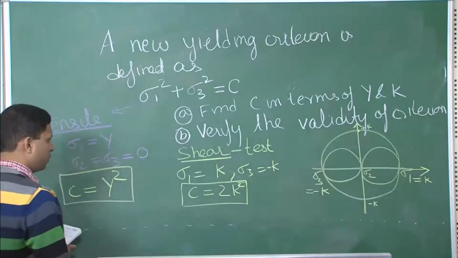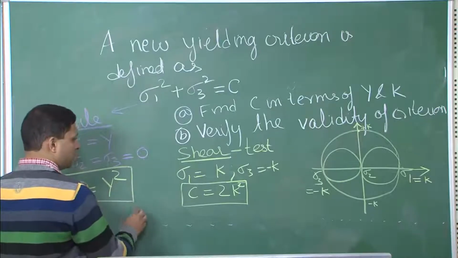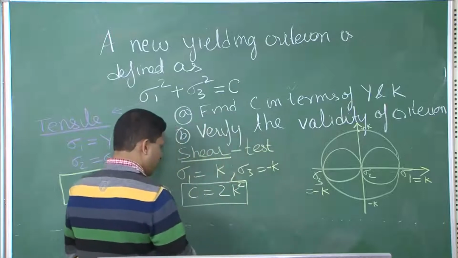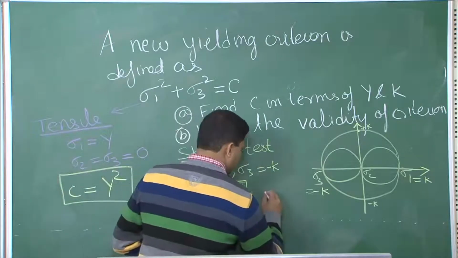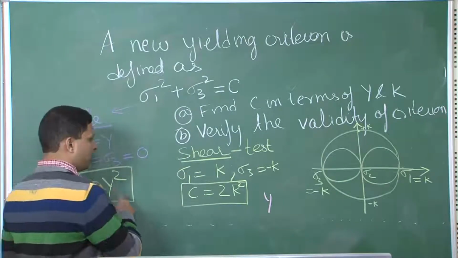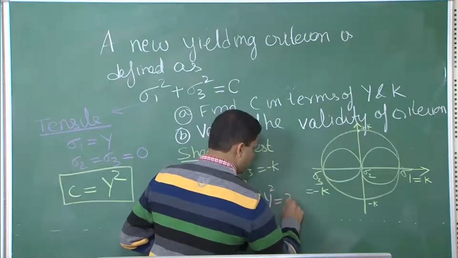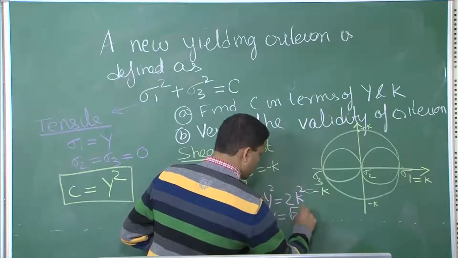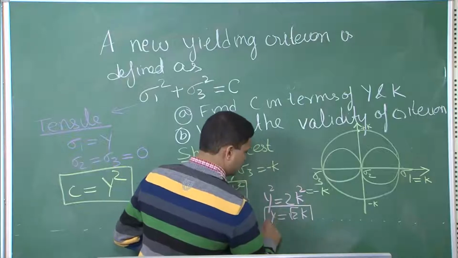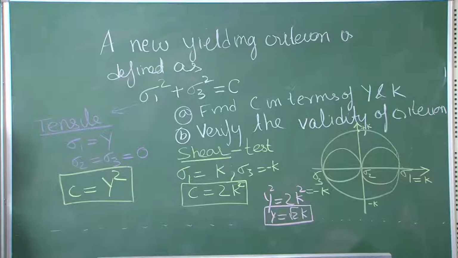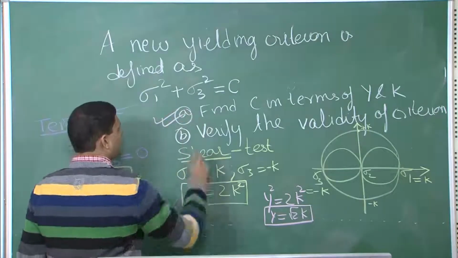If you put them together, you also get a relation between y and K. Since both of them are C, which is the same value, y square is equal to 2 K square, or y is equal to root 2 K. So, this gives us a relation between y and K, and that takes care of the first part of the problem.